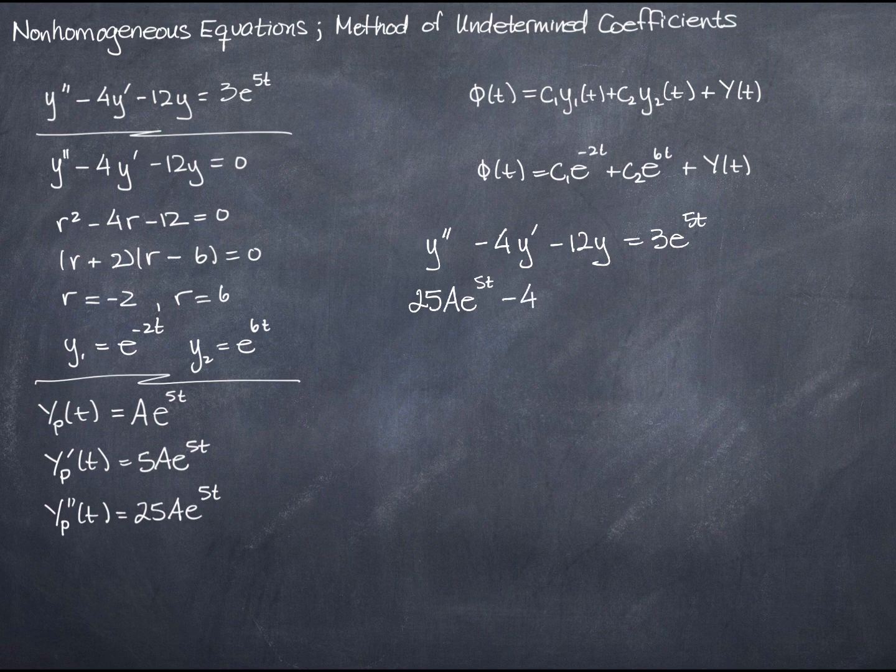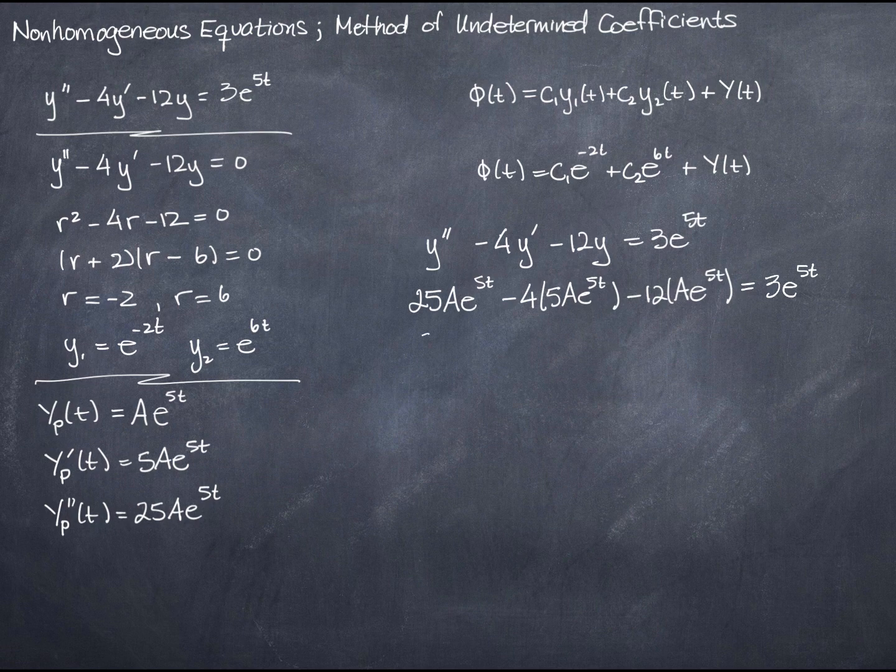And then I take from that 4 times y prime, and y prime is 5a times e to the 5t, and subtract from that 12 times just y, and y I'm proposing is a times e to the 5t. And if this solution is to work, if it's to satisfy the equation, then that has to all be equal to 3 times e to the 5t.